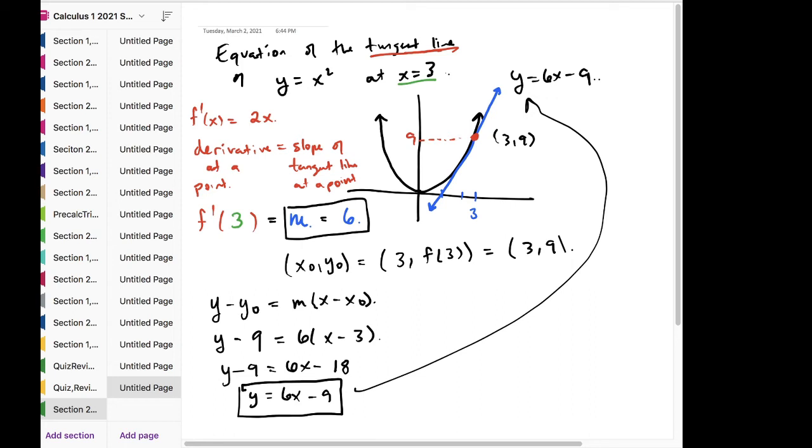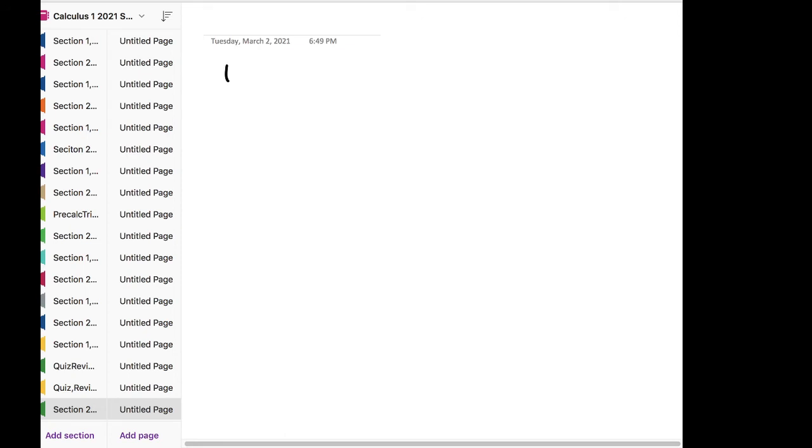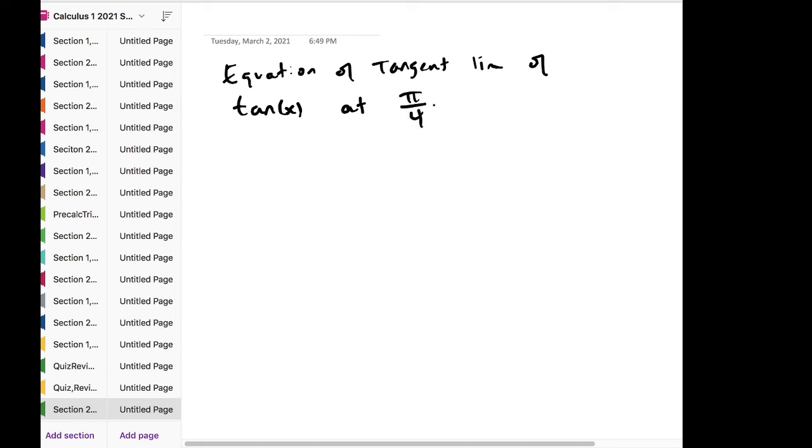All right. Let's do another one. Equation of the tangent line of tangent at pi over 4. Okay, what do you do?